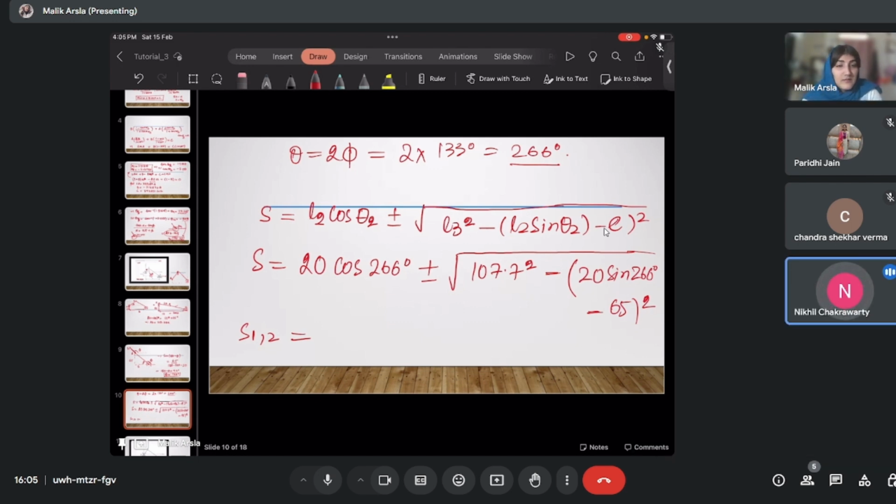Minus 6885.2. I guess you're making some mistake. It shouldn't be that. What I am getting is minus 99.82 mm and 95.14 mm.